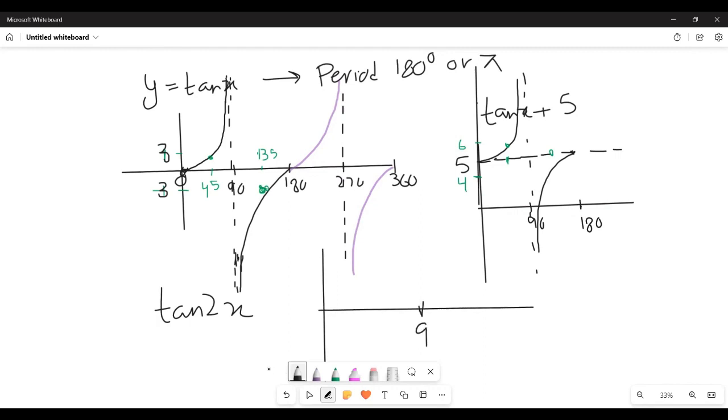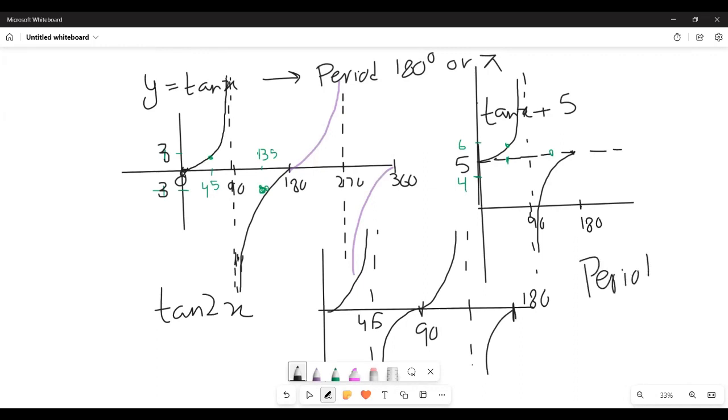So the whole tan cycle will be completed. It was going like this, and then you'll have an asymptote in between. So this would be 45. You have an asymptote at 45 for tan 2x. And if you're asked to plot the rest of it, then it goes till 180. 2 cycles are being completed within 180 degrees. So the period of this graph is 90 degrees or pi by 2.